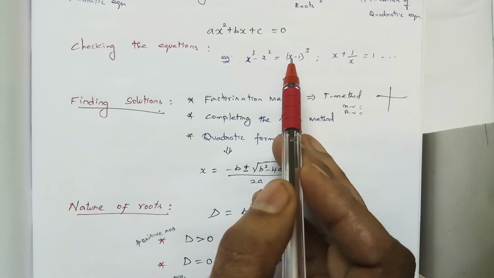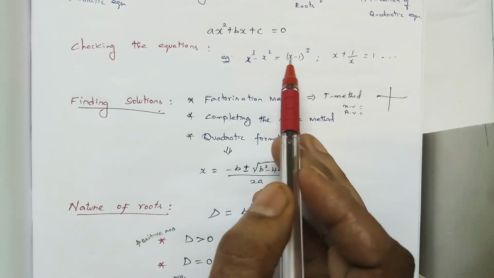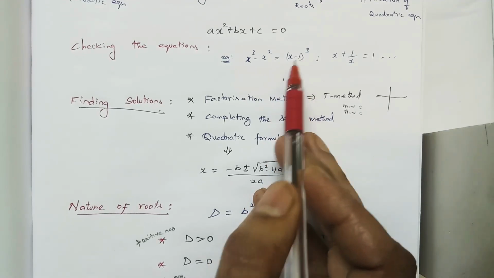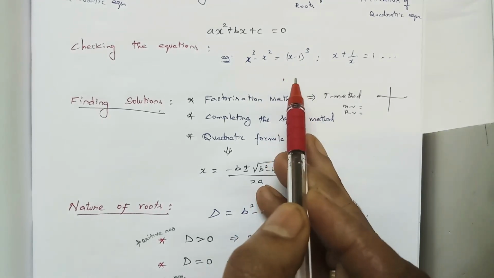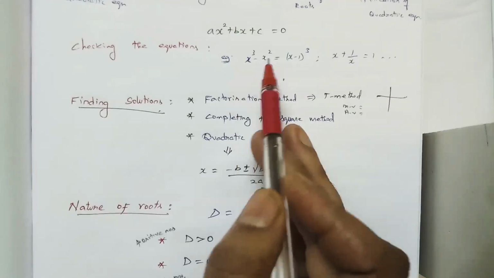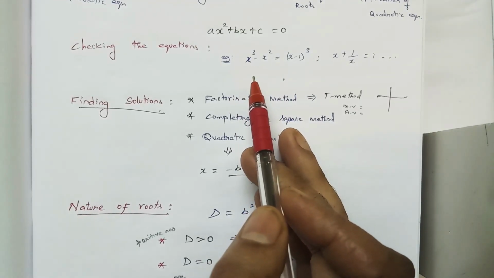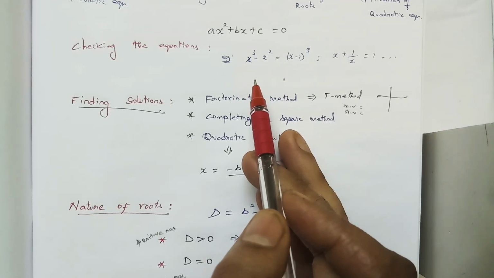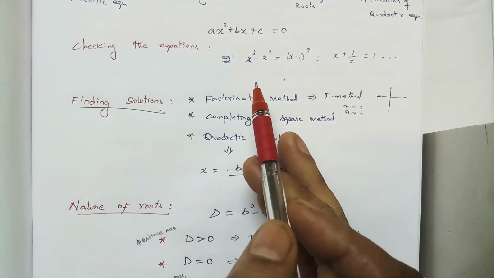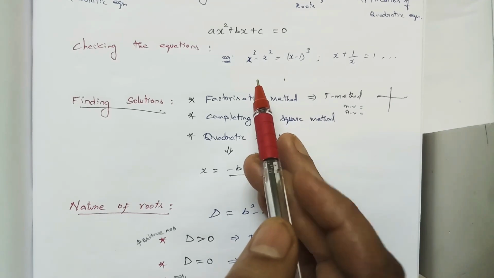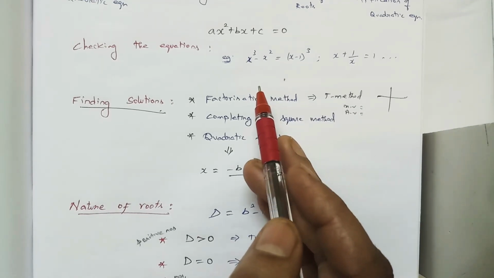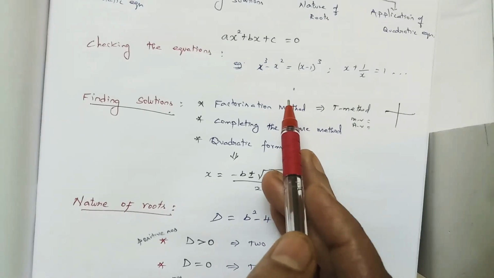In the RHS we apply the identity for a minus b the whole cube to x minus 1 the whole cube. Apply the identity, bring all the terms to the LHS and simplify. Finally, if we can't simplify further, that is the last step, and if the degree of the equation is 2, then that is a quadratic equation.